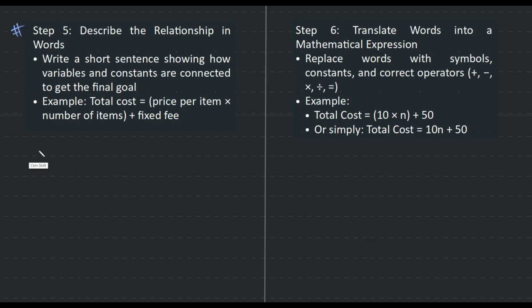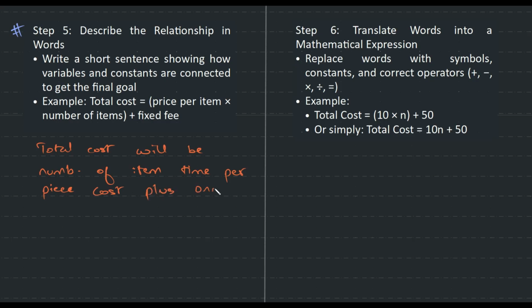You can write a statement that final cost will be number of items times per package cost plus fixed fee.